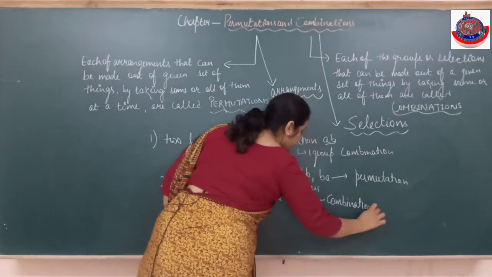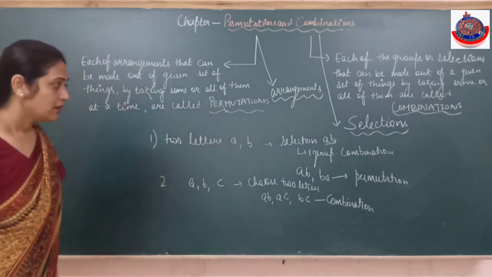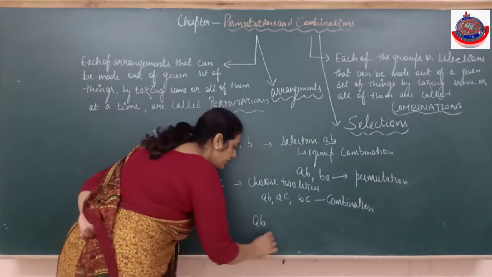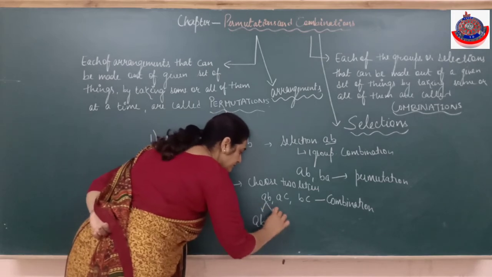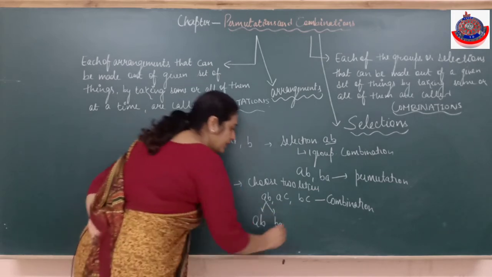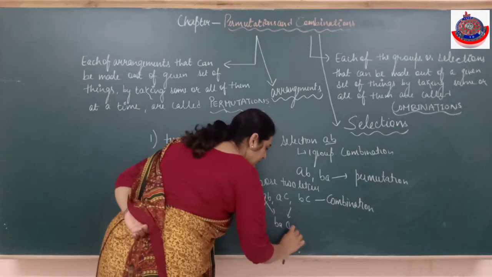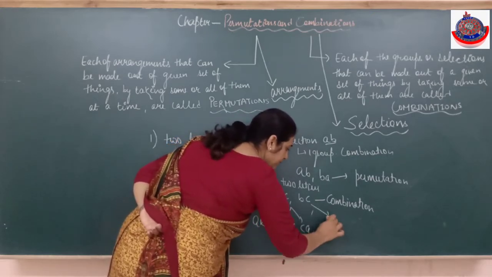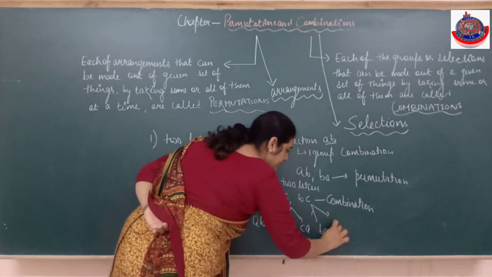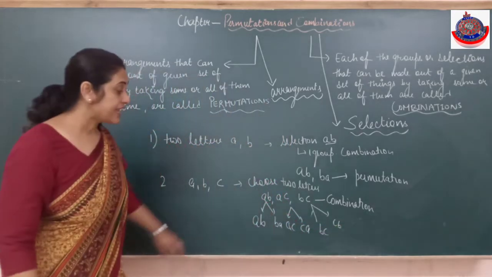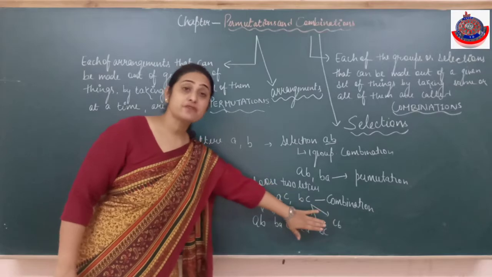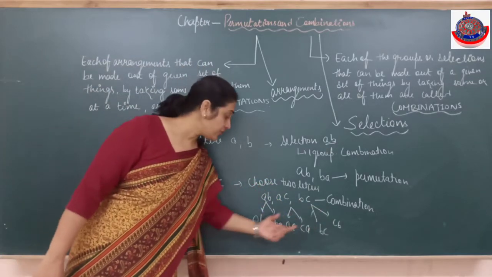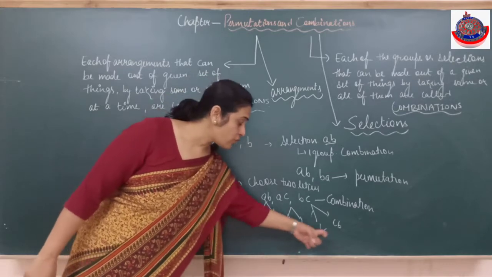But now, arrangement. Maybe I make them sit like this, AB, or it can be BA. It can be AC. It can be CA. This can be BC. It can be CB. That means the selection was 3. There were 3 ways of selecting 2 children out of 3 children. But in how many ways can they be arranged? 1, 2, 3, 4, 5, 6.